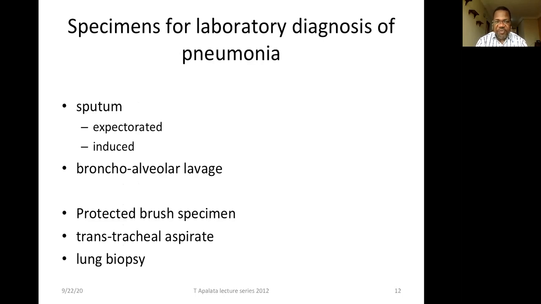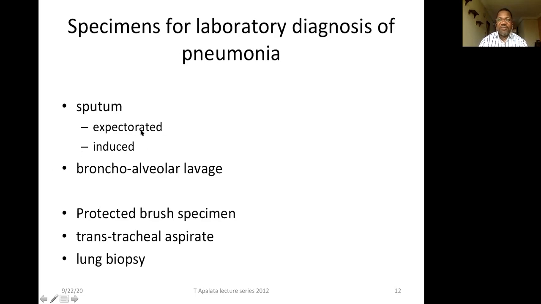Now, in terms of specimen for laboratory diagnosis of pneumonia, you can have a sputum specimen, and we have two types of sputum specimen. We have what we call expectorated sputum, and we have induced sputum.